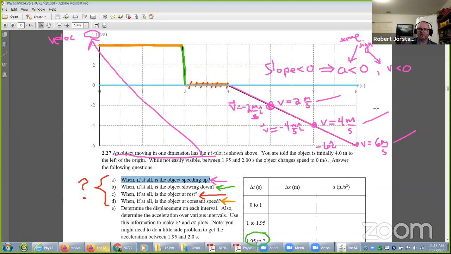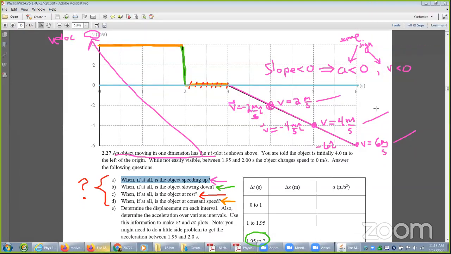If you are on a VT plot and the line is going away from the time axis, you're speeding up. Because on the top, it makes sense, right? If you're going to a bigger number on the top, you're like, yeah, I'm speeding up. And then on the bottom, you're getting farther from 0. If you're getting farther from 0, your speed is increasing. Is that all helping out?